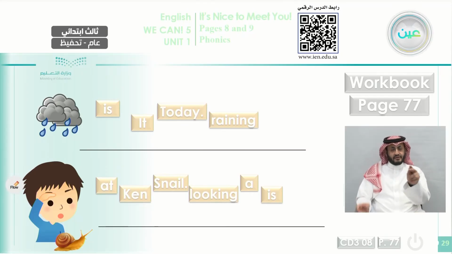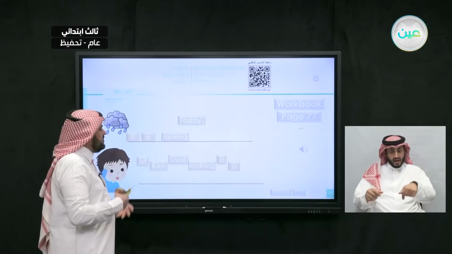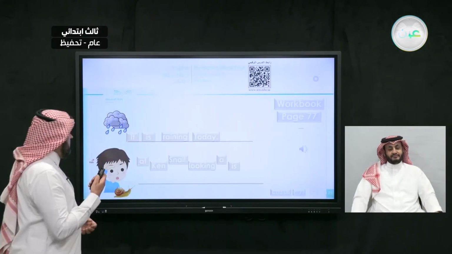Okay, another two sentences also on page 77, this exercise. Look at this word. Is it today raining? So this is a sentence telling us that it is raining. How can we make this sentence? We can do like this. It is raining today. So they're telling that the action is in progress.